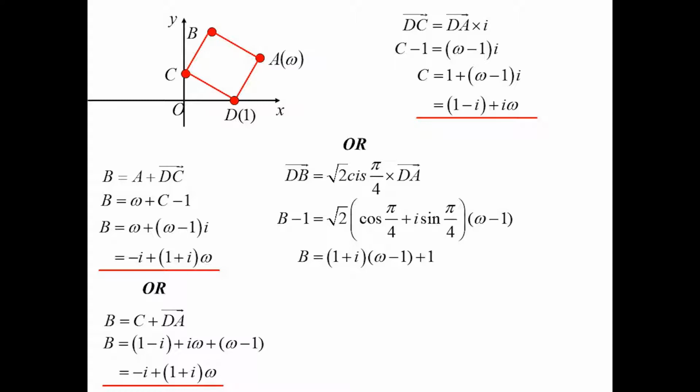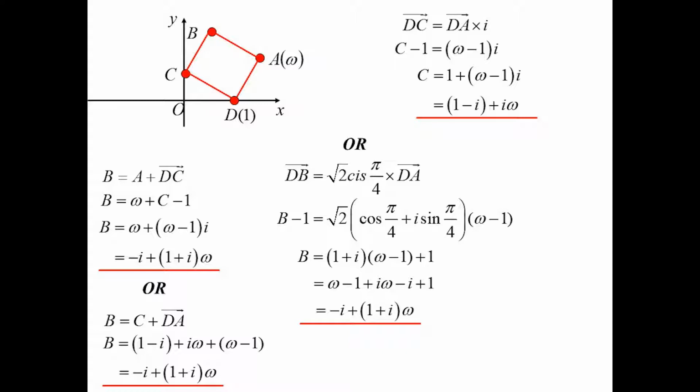But the other thing we know is the cos of pi on 4 is 1 on root 2. Multiply it by the root 2. We get 1. Same with the sine pi on 4. So I now have 1 plus i times omega minus 1 plus 1. Well, okay, that's all right for an answer, but let's show it is in fact the same as the other one. So if I expand the whole thing out and then group, I can see, oh yes, it is indeed the same as the other ways of getting B.